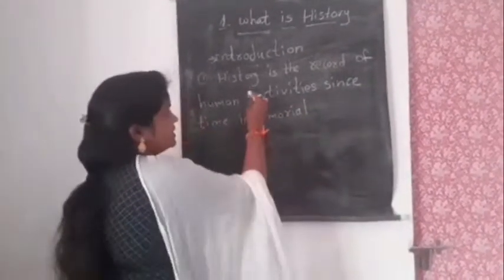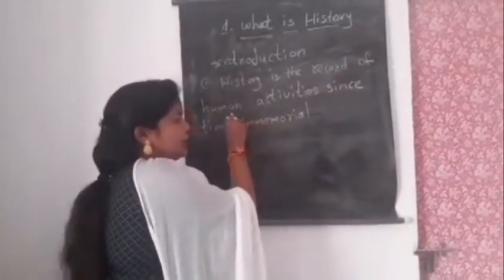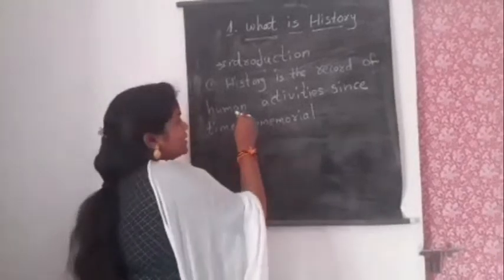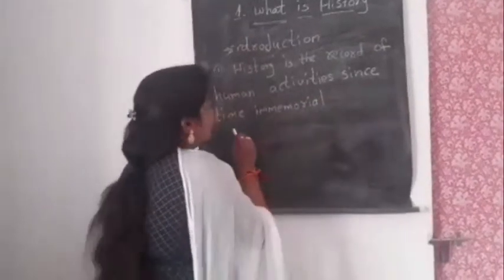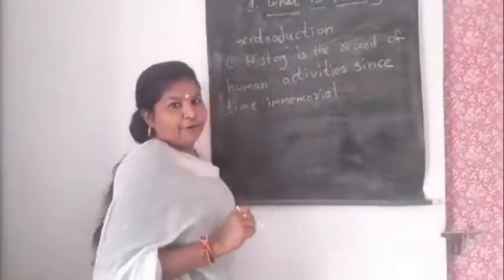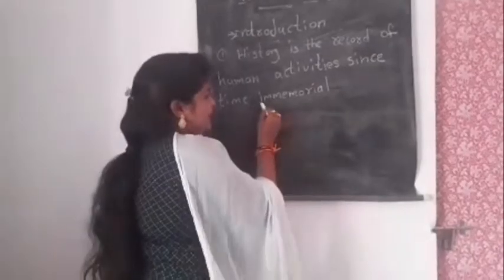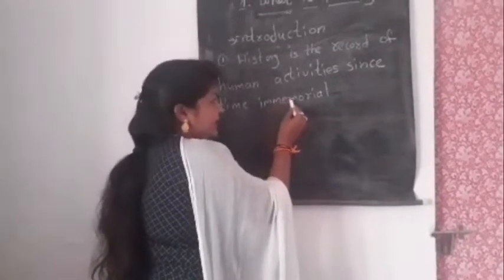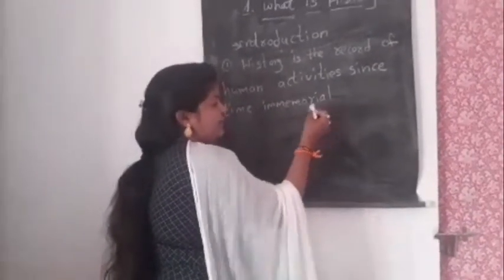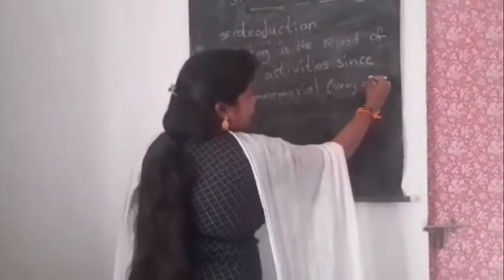Human means ours. Immemorial means very old. Spelling: I-M-M-E-M-O-R-I-A-L. Immemorial, meaning very old.